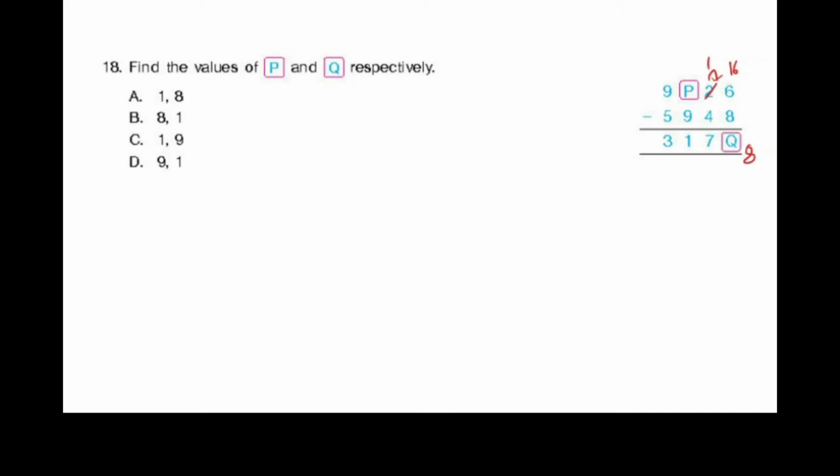Now we have to check which option is containing value of Q as 8. We have only A option that is containing 8 as the value of Q. But we should check it properly. Answer is A, undoubtedly.